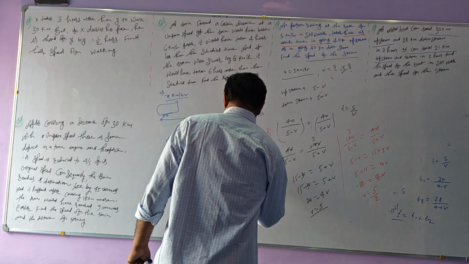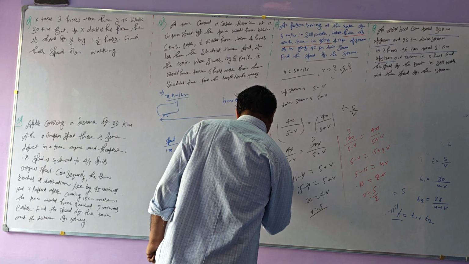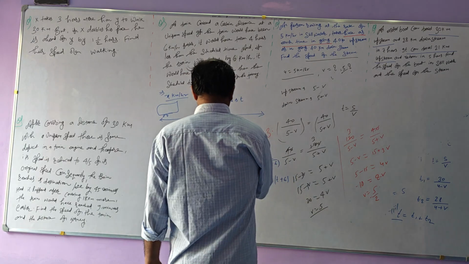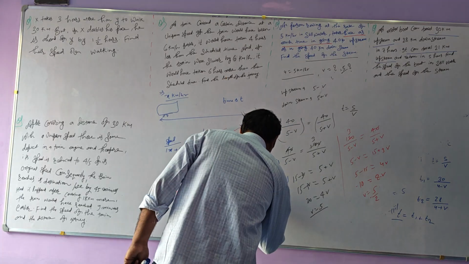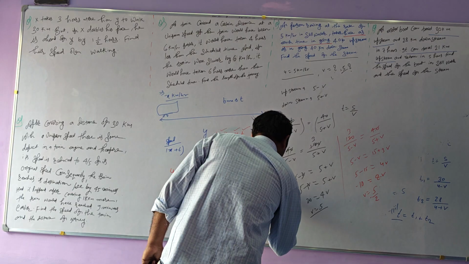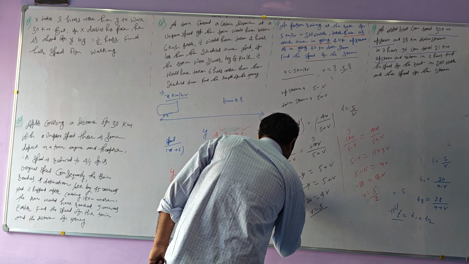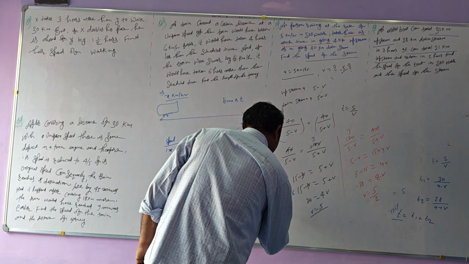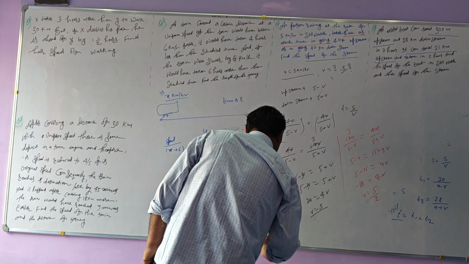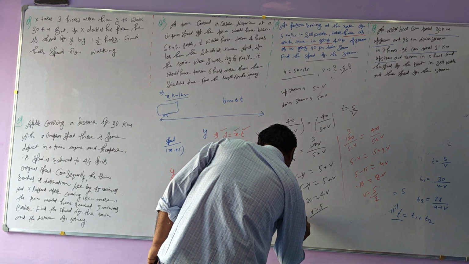Now the equation becomes y is equal to x minus 6 times t plus 6. We know y is equal to xt, so xt equals xt plus 6x minus 6t minus 36. So 6x minus 6t is equal to 36, so x minus t is equal to 6. This is the second equation.